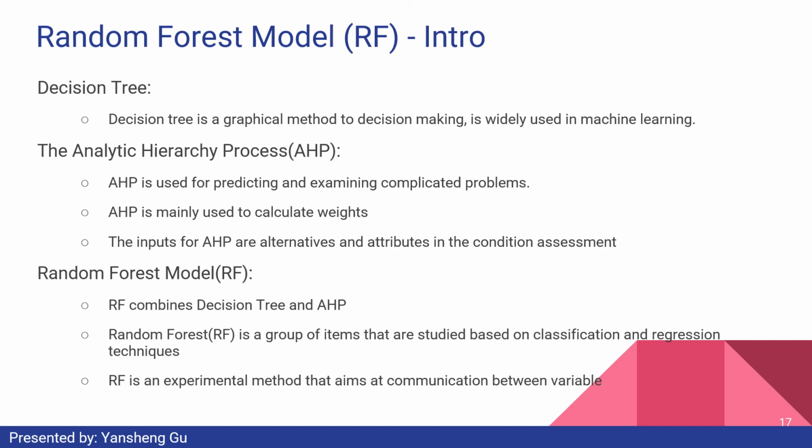It is an efficient method of classifying and predicting data. In this method, prototypes are used to give the relationship between the variables and classification. The RF model is an experimental method that aims at the interaction between the variables, and it is a faster technique compared to other algorithms, such as support vector machine.